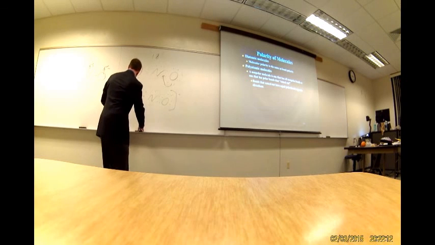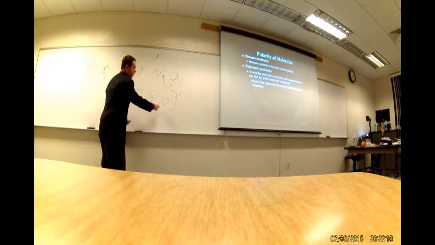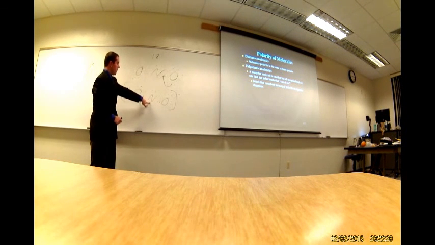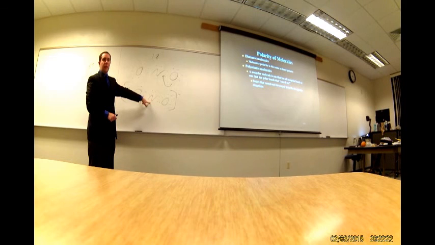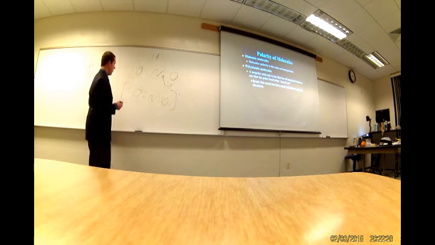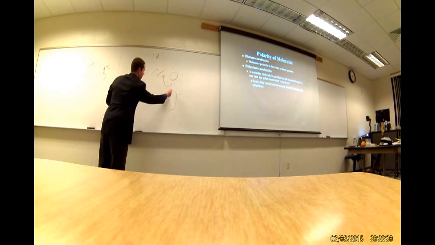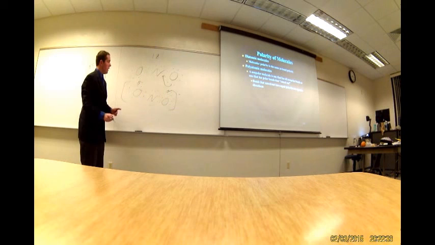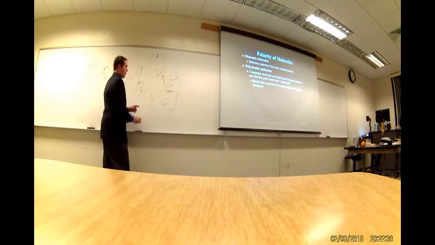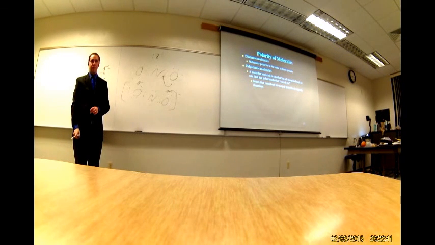So let's imagine, here we have N, O, and O. Say the polarity of this bond is the same as the polarity of this bond. But this one has partial negative here, and this one has partial negative there. Those two cancel each other out, and so the whole thing is non-polar.